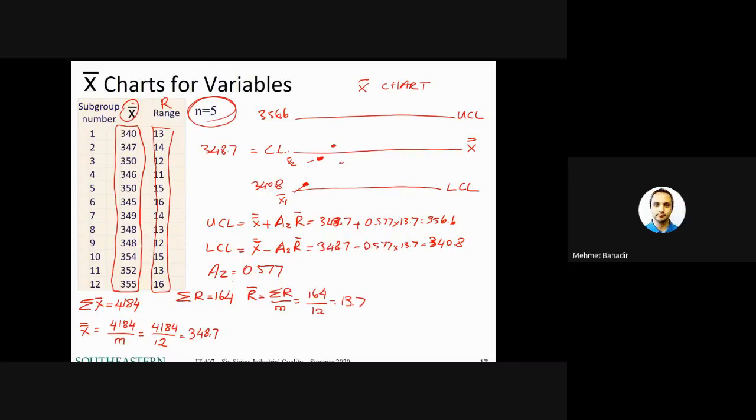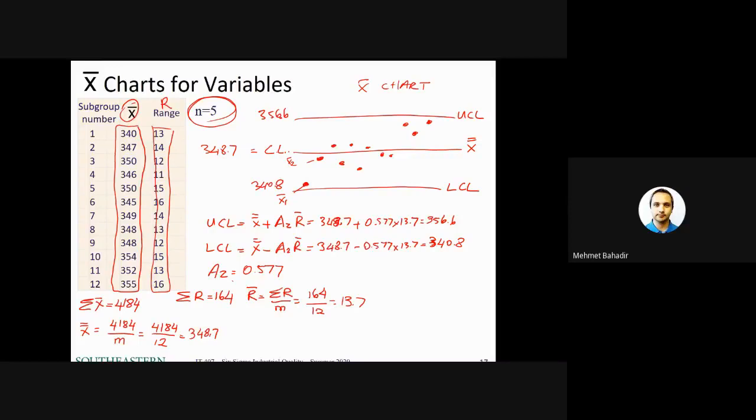Then 346, again 350, 45, 49, 48. Nope, this should be below here. Again 48, 54, which is going to be closer to upper control limit. 52, a little less than that, and 55.